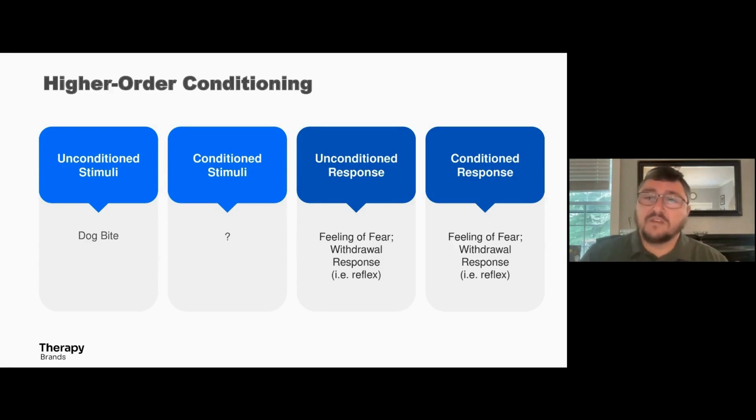So there's preconditioning, the initial pairing of two stimuli, which will enable one of the stimuli to elicit the conditioned response without being paired with the unconditioned stimulus. But even in that scenario, you can only go so far with conditioning multiple conditioned stimuli.